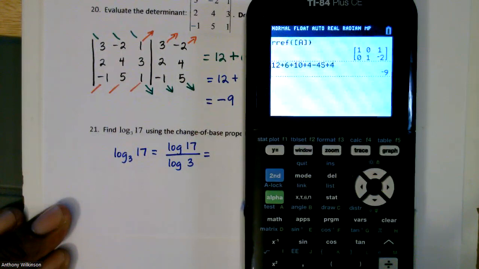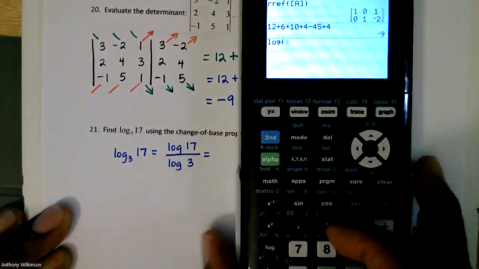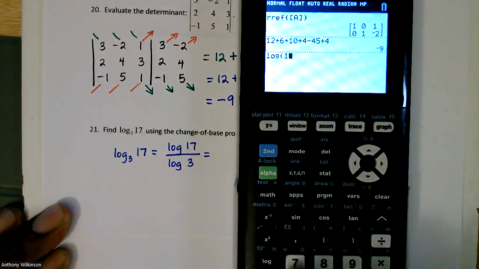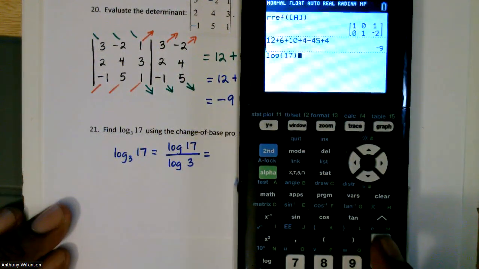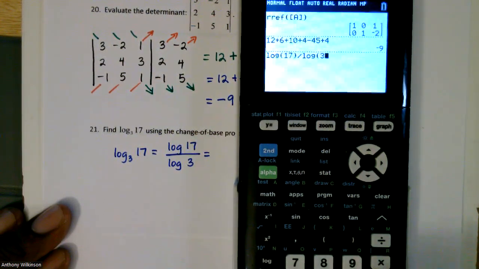Here we press the log key, which is on the left-hand side, and then 17. You want to make sure you close the parentheses, because whatever that is, you're going to divide that by the log of 3, close parentheses. Now we're going to round our final answer to 2 decimal places.